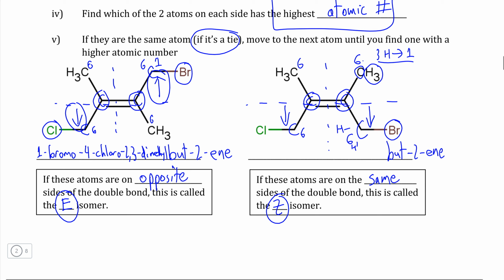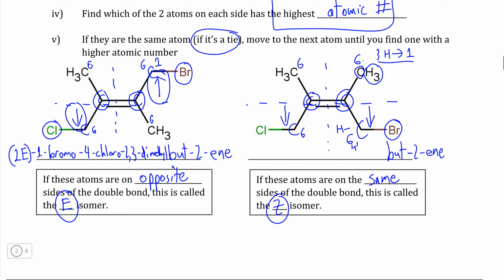So because the double bond is in position 2, we would put in brackets here, double bond in position 2 is the E isomer, meaning that the atoms containing the largest atomic number element off of the double bond here are on opposite sides of the double bond.